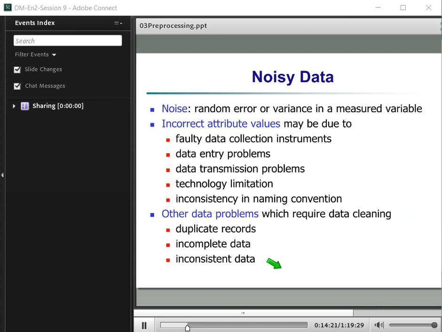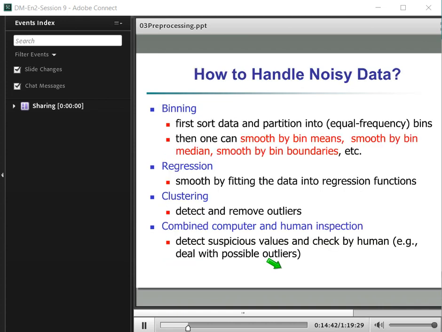Sometimes data are not complete in different features, in different records or tuples or instances. Sometimes my data are not consistent when I'm trying to use multiple sources of data.